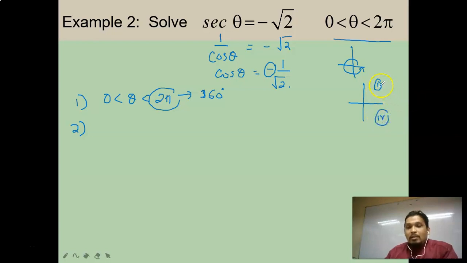In the first quadrant, sine, cos and tangent are all positive, and cos is also positive in the fourth quadrant. So when we are given that cos theta equals a negative value, we are talking about the second quadrant and the third quadrant. So from here, theta lies in the second and third quadrant.